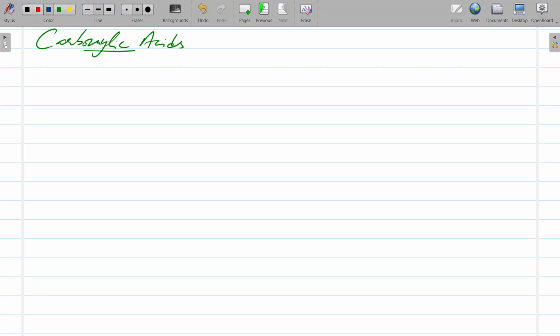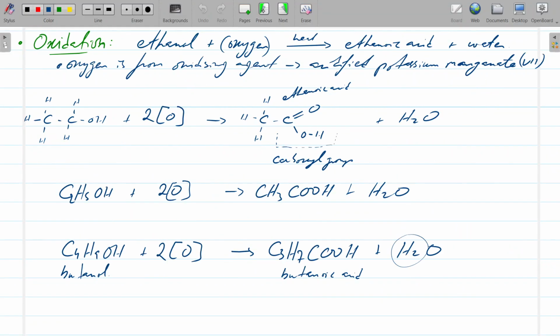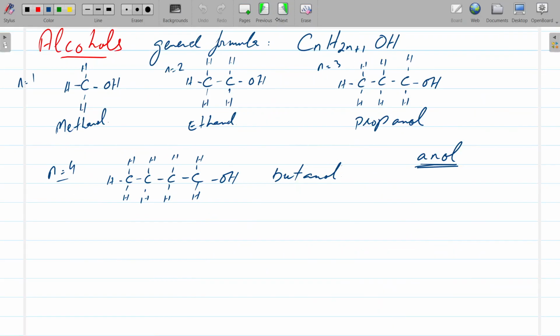Their general formula, there are other homologous series, and their general formula is CnH2n+1COOH. So remember, this functional group is written separately, just like with alcohols, where we wrote the OH. You're not supposed to put the brackets, but the functional group is written separately.